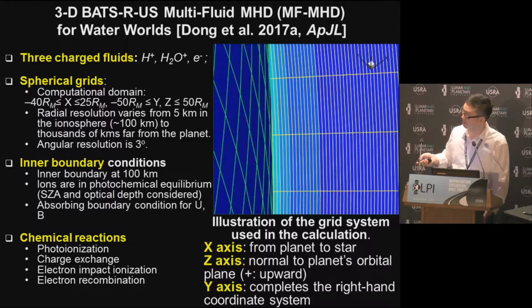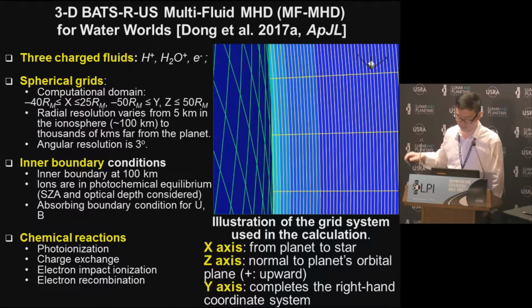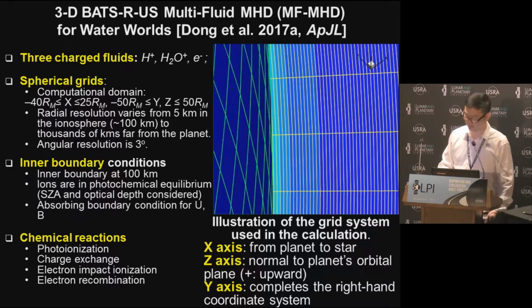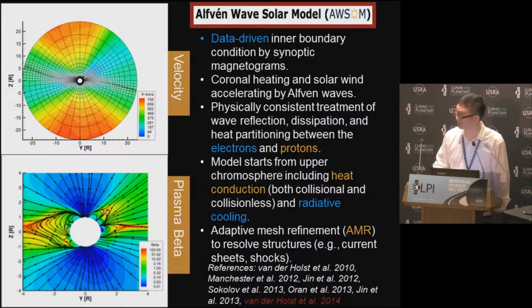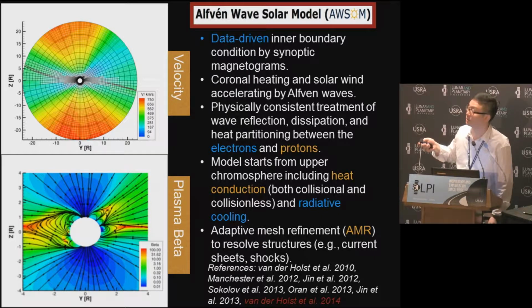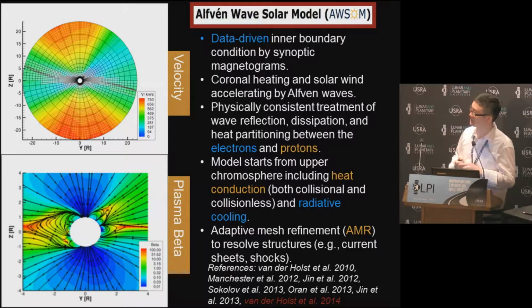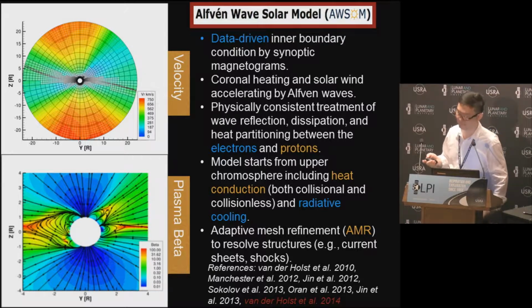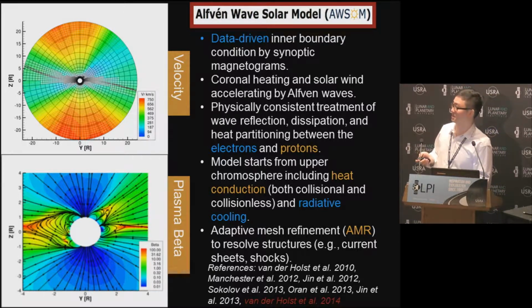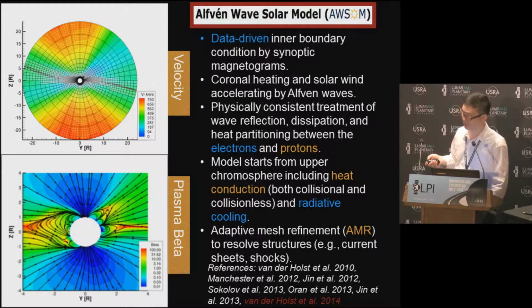In the coordinate system, the x-axis is from the planet to the star, so the solar wind or stellar wind velocity is in the negative x direction. The second model we used is called the Alfvén Wave Solar Model. Because in our solar system we can measure the solar wind by spacecraft, but in those exoplanetary systems, there's no way to accurately measure the stellar wind, maybe in the next 20 years.